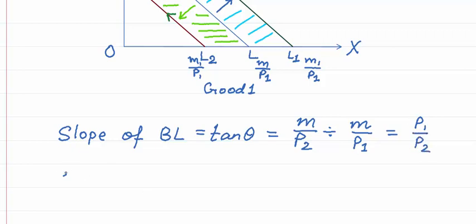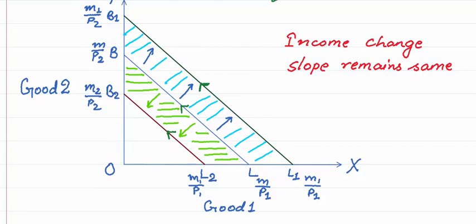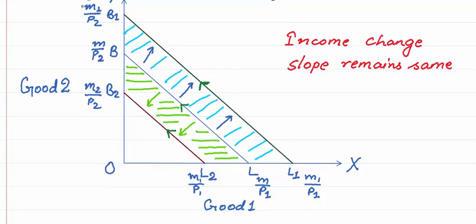Now let's find the slope when the income of the consumer increased and the budget line became B1 L1. Again, the slope is given by tan theta, and in this case the intercept on the y-axis is M1 by P2 and the intercept on the x-axis is M1 by P1.